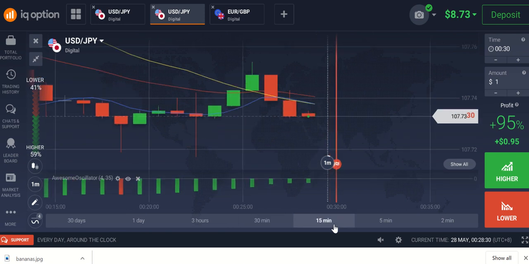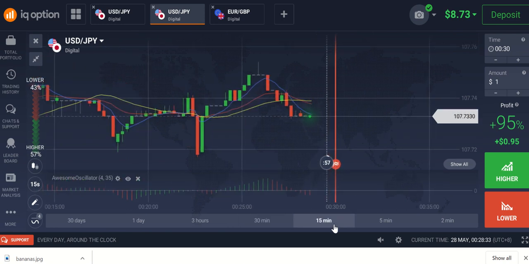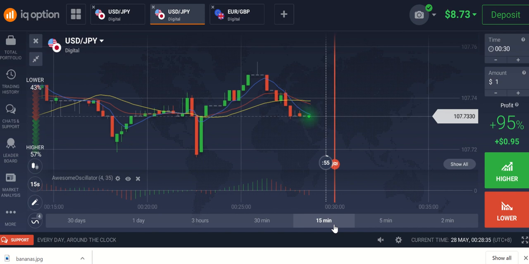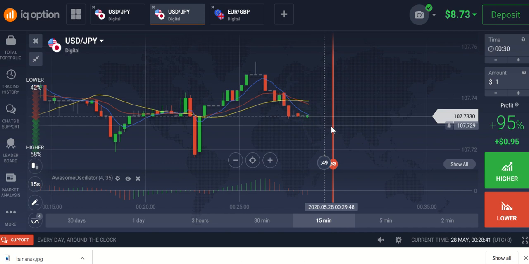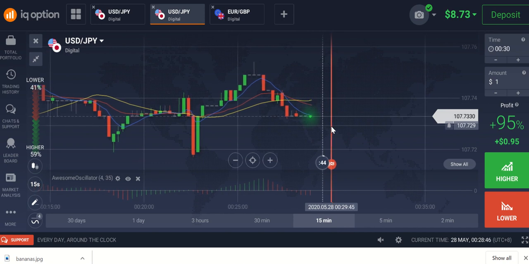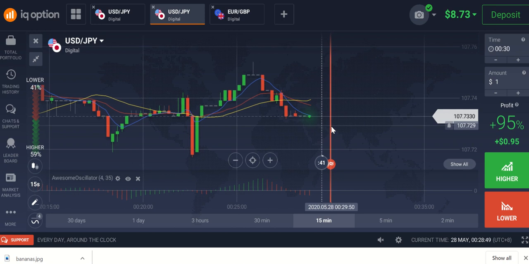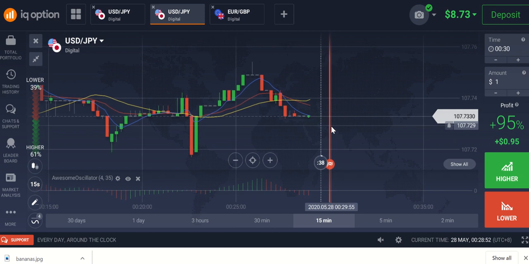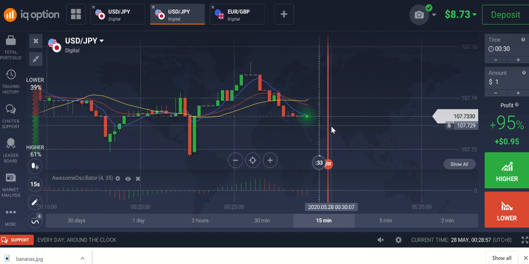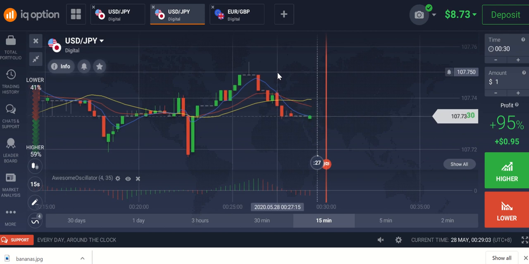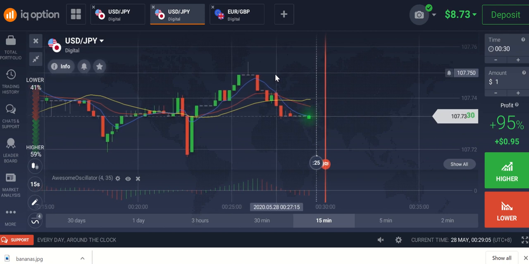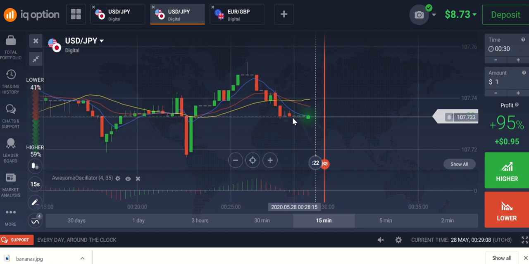Okay, what about you? Should we get in? Actually, it has the right pattern now. I think it'll go down, but I don't like it. We have a few seconds left. Slight decrease.